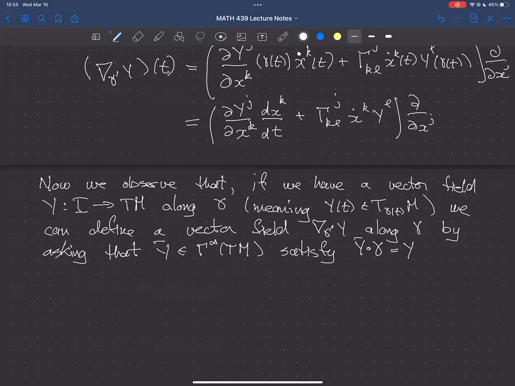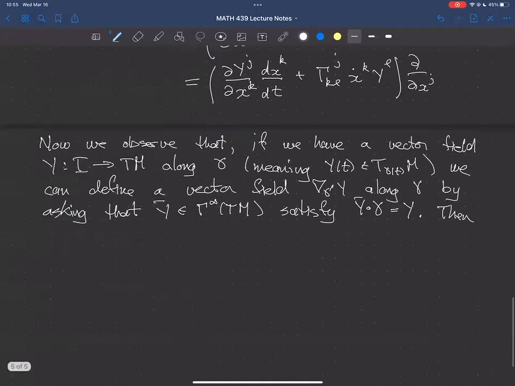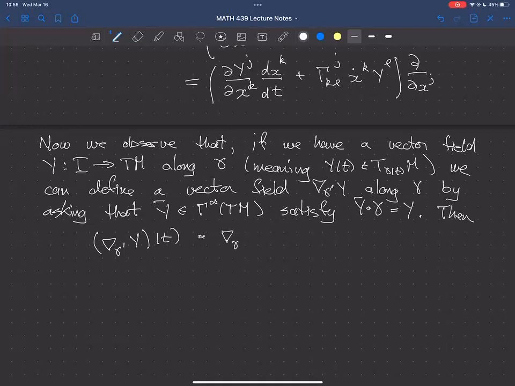Having done this, I can define nabla gamma prime y of t equals nabla gamma prime y bar at t.